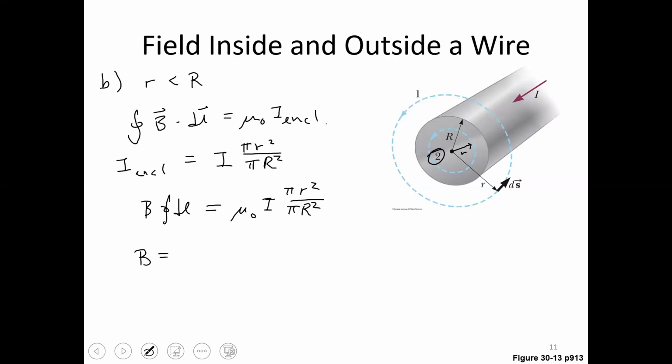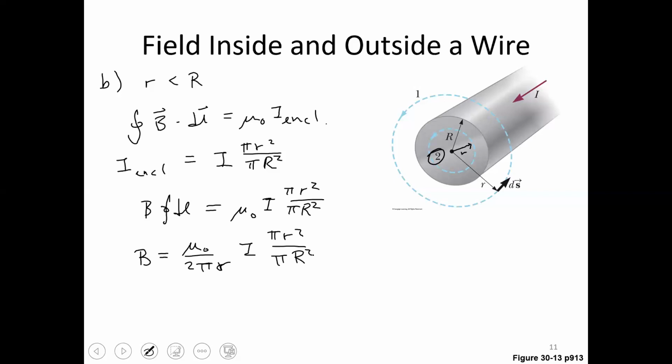So my magnetic field is mu 0 divided by 2 pi r, and this is something I can simplify a little bit more.